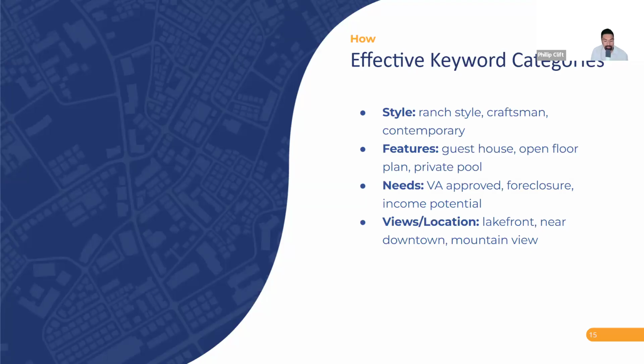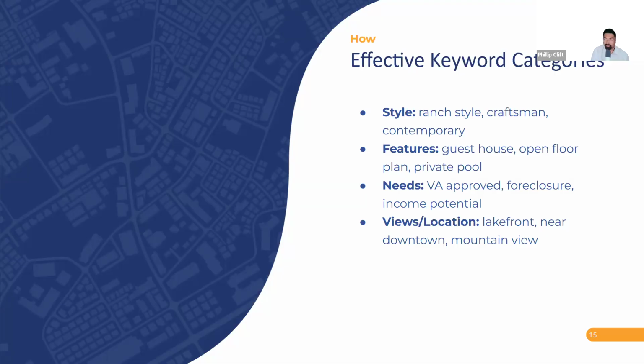Also, don't feel that you have to search for style or features, right? There are things like needs: VA, foreclosure, income potential, close to campus, things like that would be needs. And then views and locations are also good with IntelliSearch, things like lakefront, downtown, mountain views.